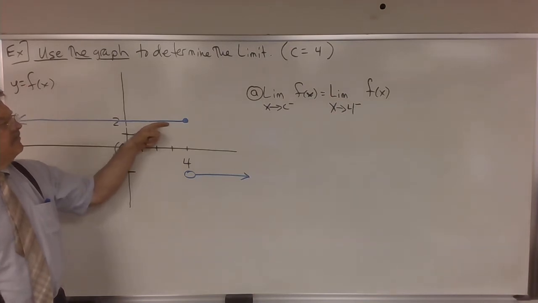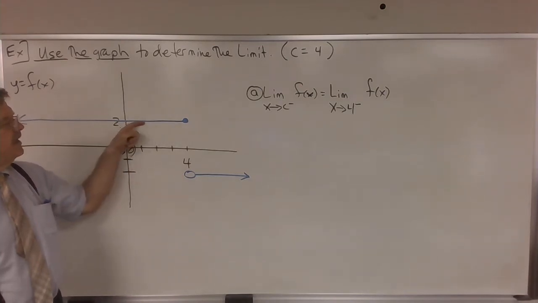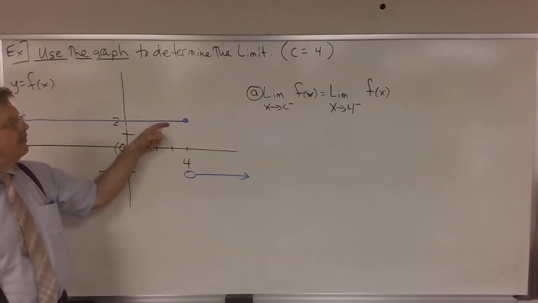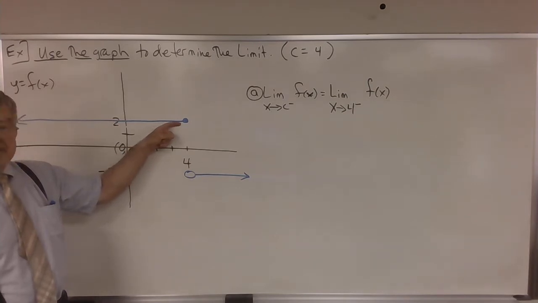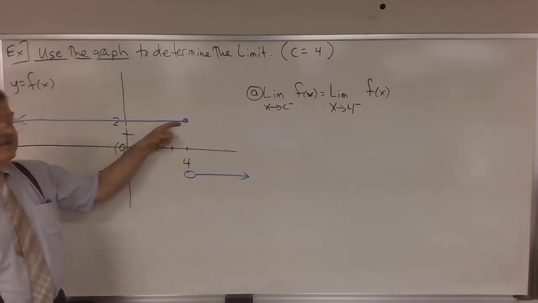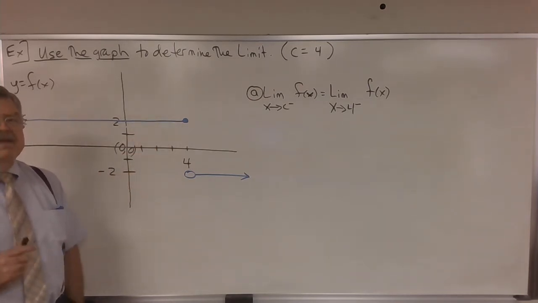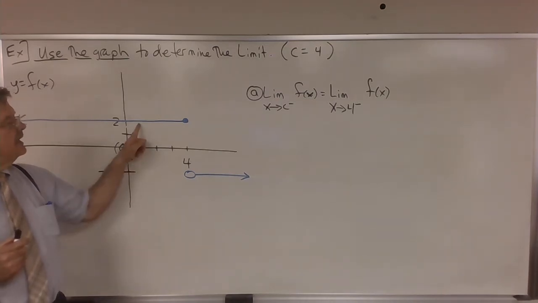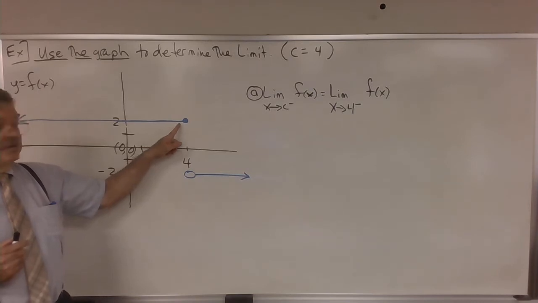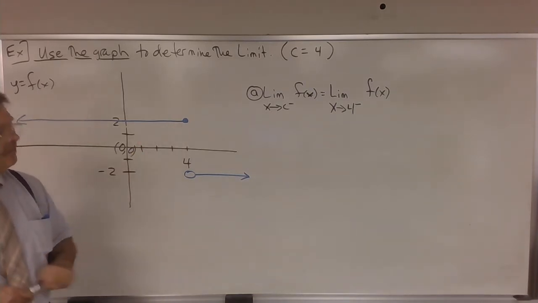So what value is the graph becoming arbitrarily close to? The only value that the y value of the function can be getting arbitrarily close to is y equal 2.